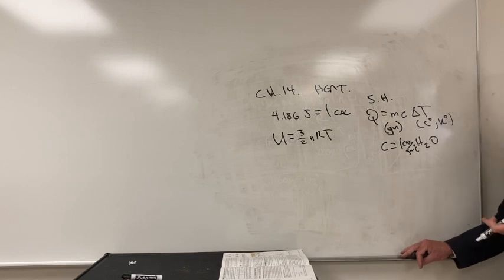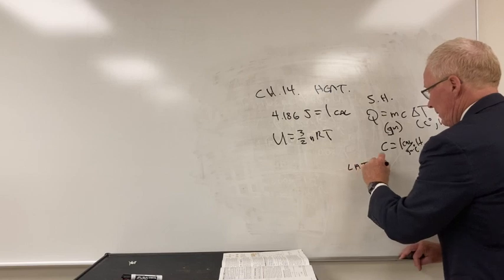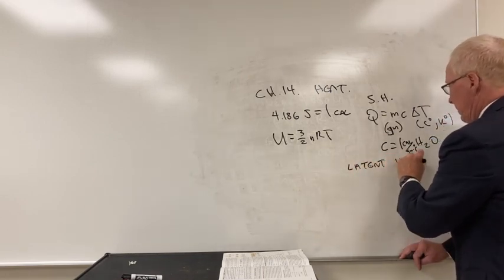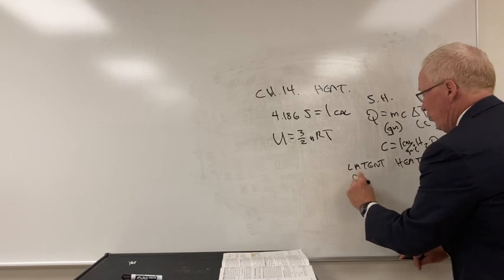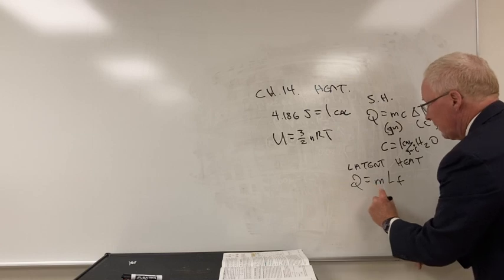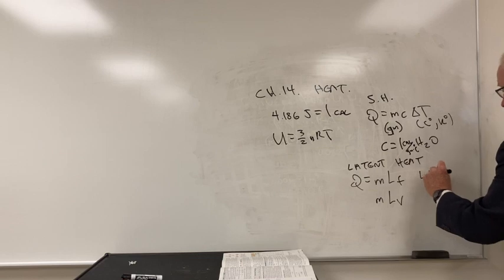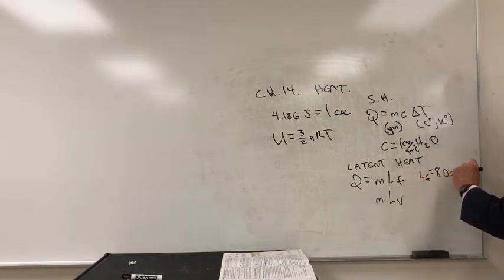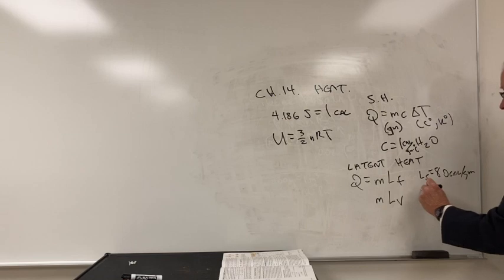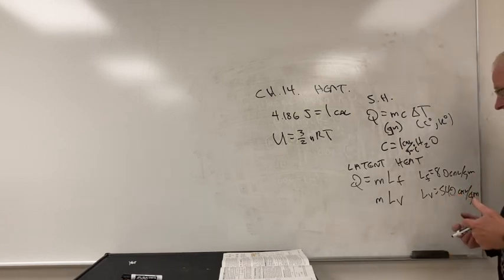We did examples of mixing. We have latent heat, which again, we have Q is mL, latent heat of fusion or vaporization, where L_F is 80 calories per gram for water, and latent heat of vaporization is 540 calories per gram for converting water to steam.